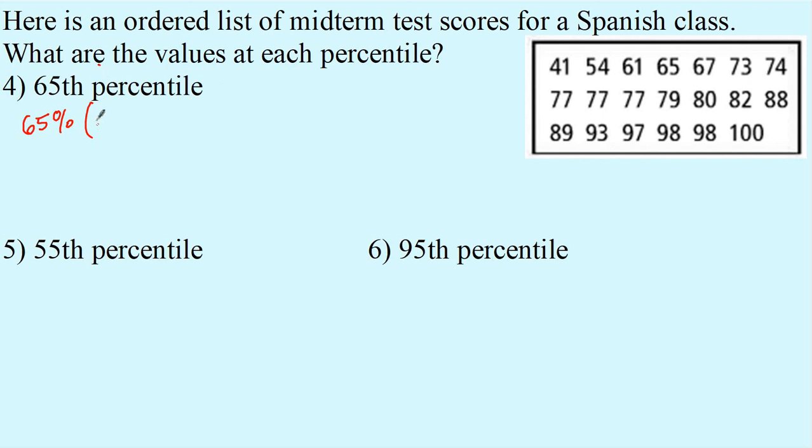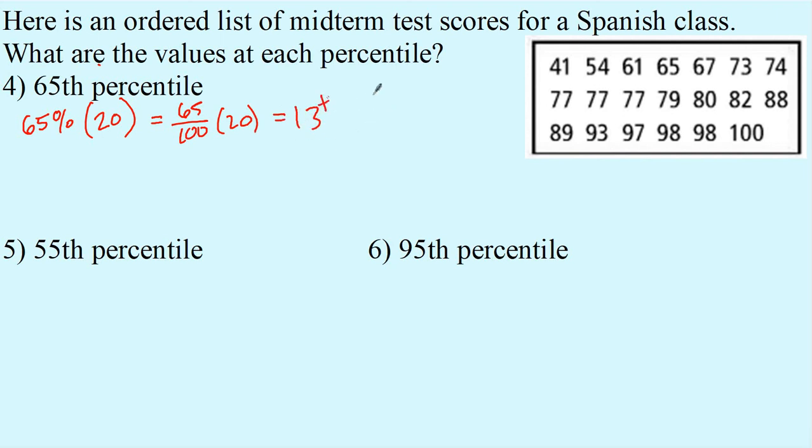There are 20 data sets. So 65% of 20. So it's your percentile times how many you have. Okay, it's percent of how many. Okay, so that is, well, 65 out of 100, or 0.65 times 20, so you get 13.